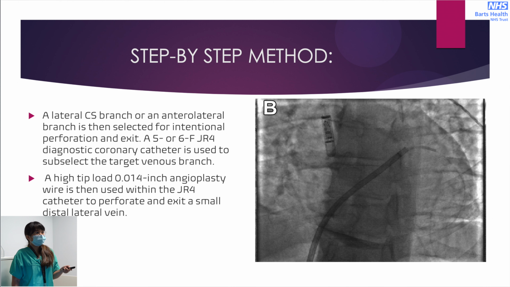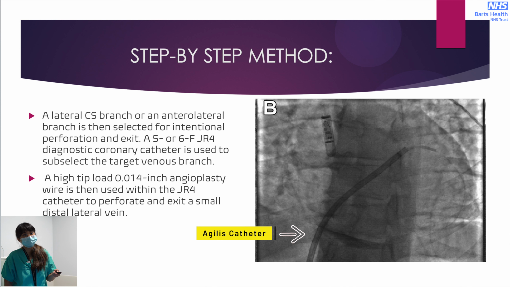In this case, a lateral CS branch or an anterolateral branch is selected using a 5 or 6 French JR4, which is used to subselect the target venous branch. Through the JR4 will be your high tip load angioplasty wire. That's your Agilis catheter, that's your diagnostic catheter, and through that is the angioplasty wire.